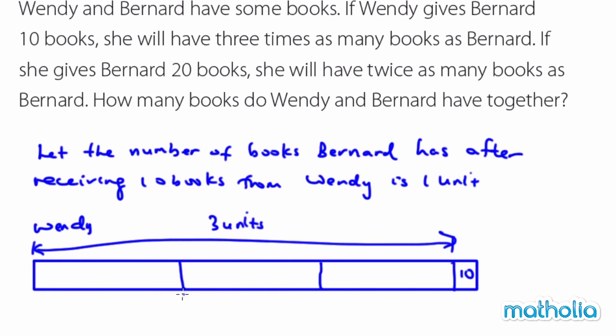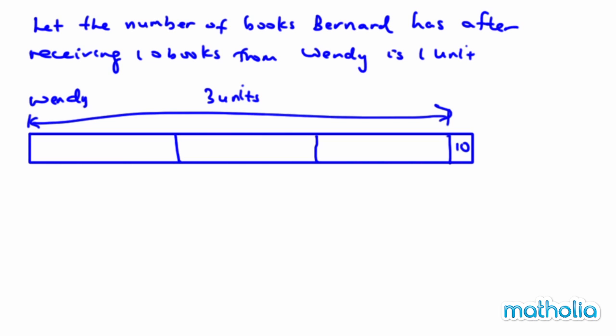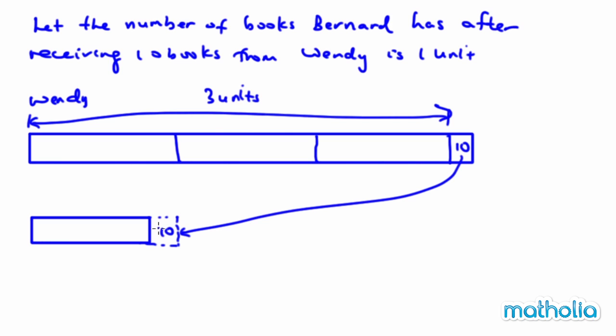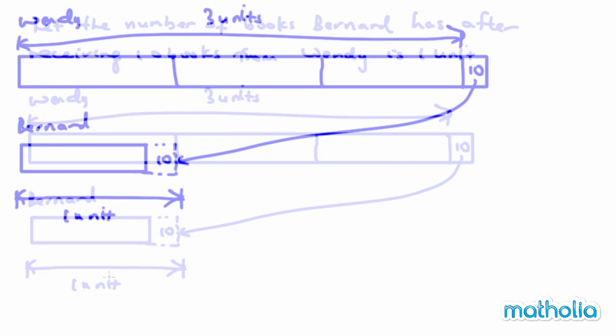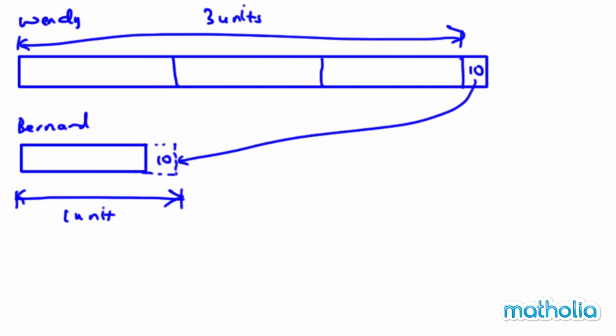Now, Bernard will have, because Wendy is going to give 10 to Bernard. So this is my Bernard. And I must understand that this is called 1 unit. Alright. So this is the first part, right?